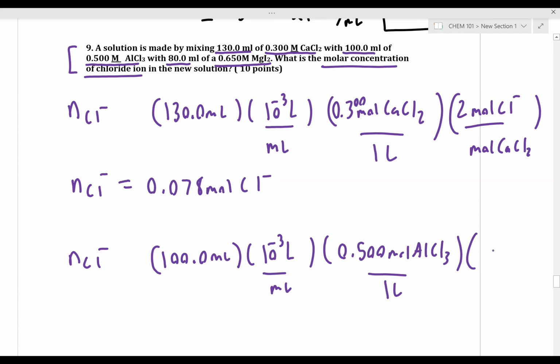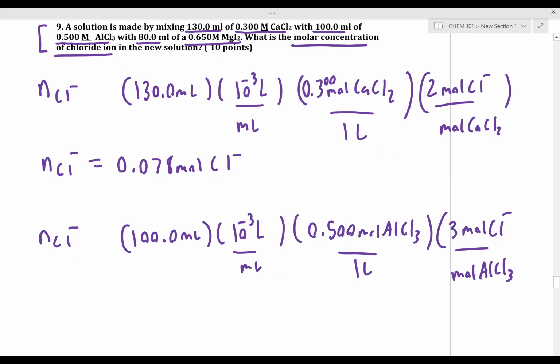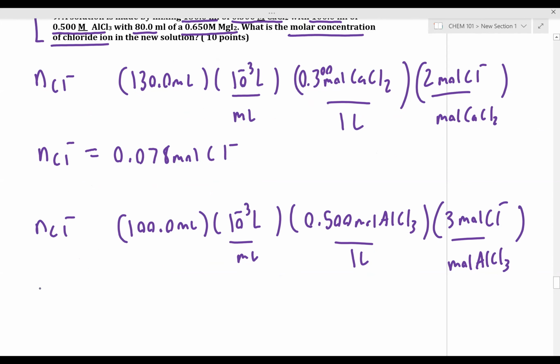And the key thing that changes is how many moles of chloride do we produce per mole of aluminum chloride? How many chlorines do you see? 3. So that in turn gives us, for our moles of chloride, 0.1 times 0.500 times 3. That gives us 0.15 moles of chloride.